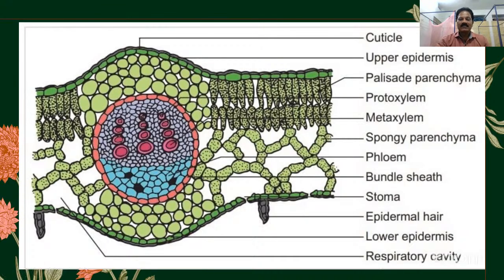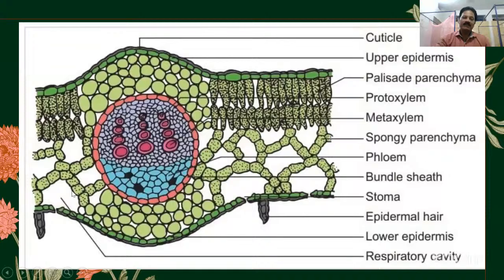So the stomata help in respiration and transpiration. That means exchange of gases. Generally, at the time of photosynthesis, plants get carbon dioxide from the atmosphere through these pores only. Carbon dioxide enters into the plant body through the stomata.